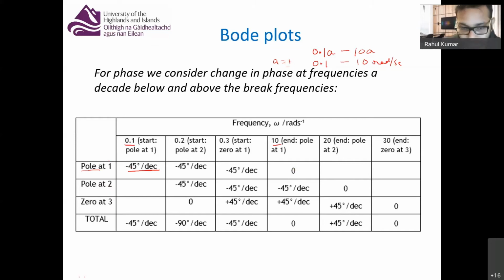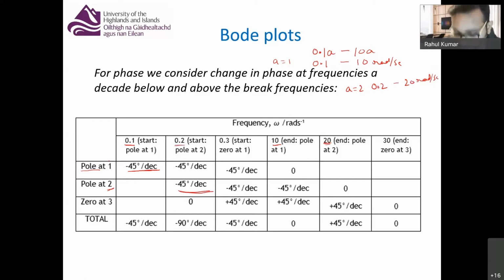But since your value of A is 2 now, you will start from 0.2 and its effect will end at 20 radians per second. So because of this pole at 2, your effect will start from 0.2 and go all the way up to 20.